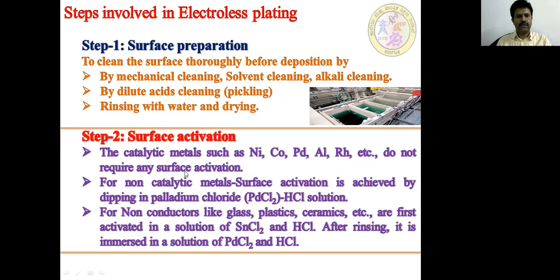If catalytic metals such as nickel, cobalt, palladium, aluminum, rhodium are the substrate materials on which we are going to conduct electroplating, then we do not require any surface activation, because these kinds of metals themselves provide an active surface for deposition.